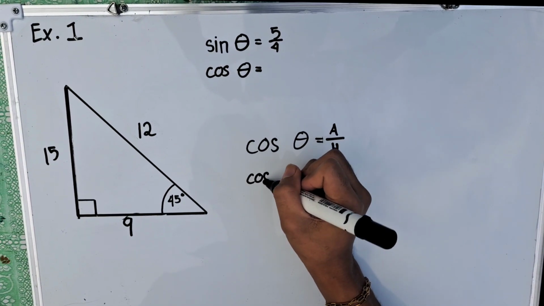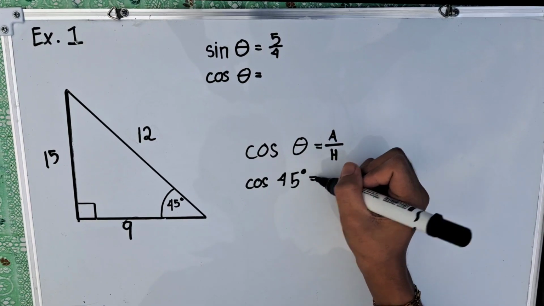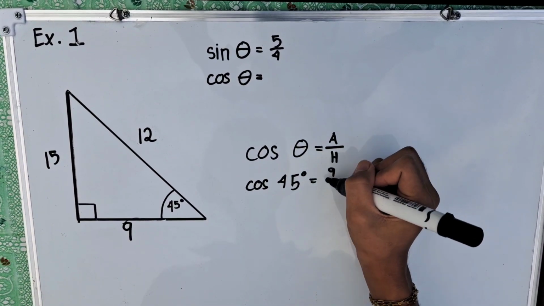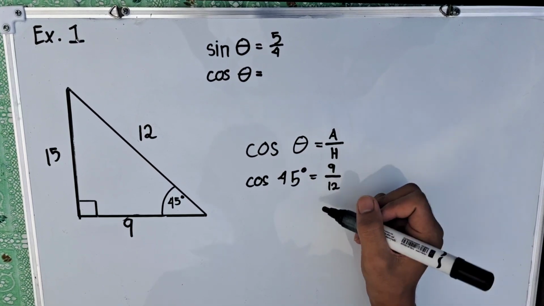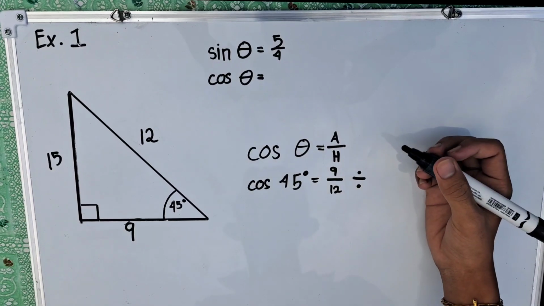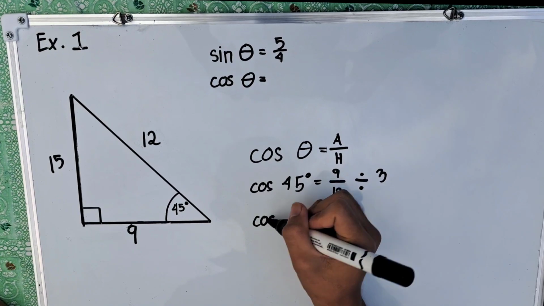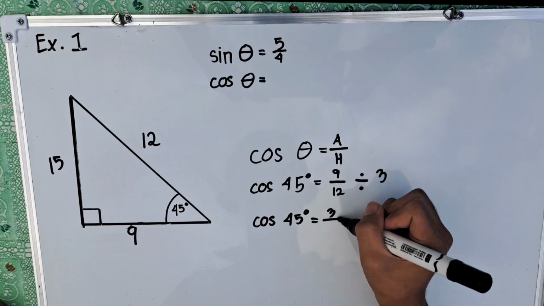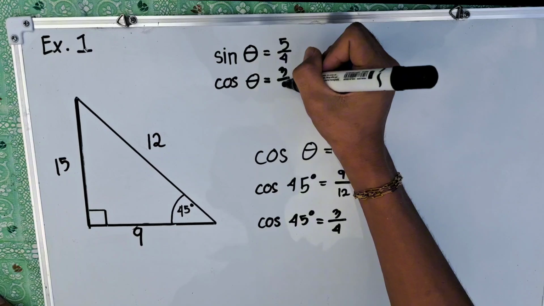So cos 45 degrees is equal to the adjacent given here, which is 9, over the hypotenuse given, which is 12. We can reduce it to the lowest term by dividing by 3, just like what we did to our sine. So cos 45 degrees is equal to 3 over 4. So our cosine is 3 over 4.